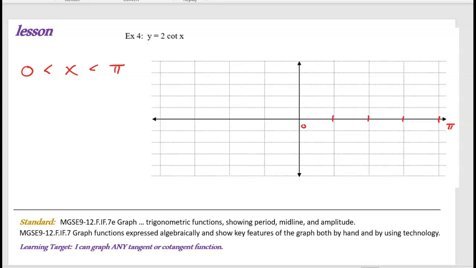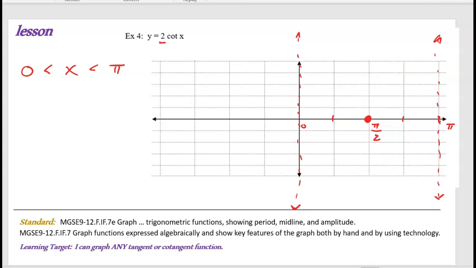Remember, if you're going to use these little grids, you don't have to, but regardless, you want between your left boundary and your right boundary to have 4 what appear to be equally spaced intervals. And if you draw it by hand, it doesn't have to be perfect. Halfway between 0 and pi is pi over 2, and that's where we're going to have our x-intercept.